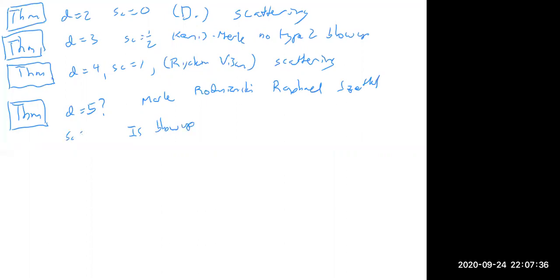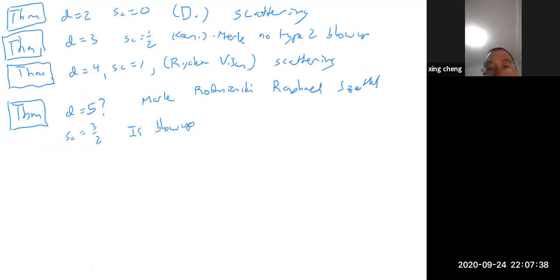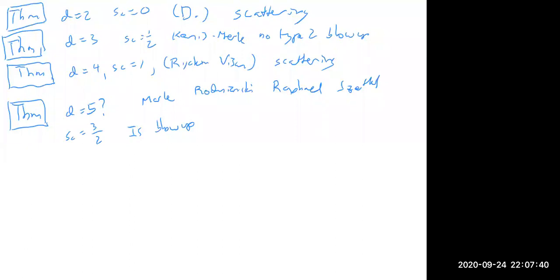That's SC equals 3/2. So yeah, I think that's D equals 5. But then looking back at these results here, where you do prove scattering, or at least no type 2 blowup.